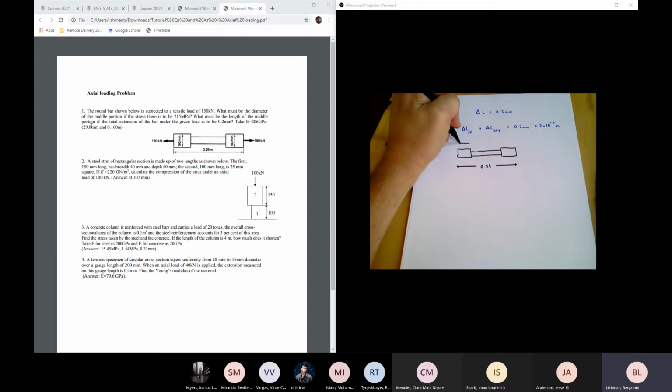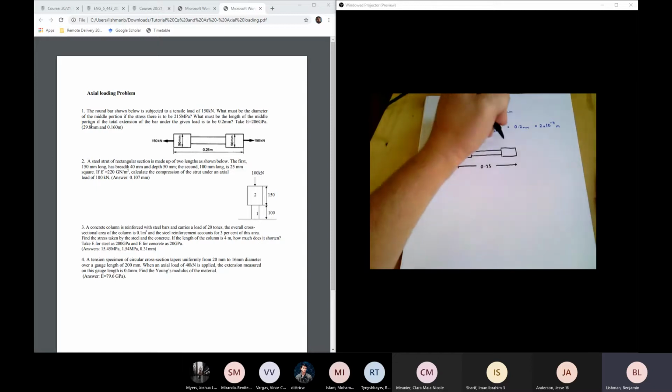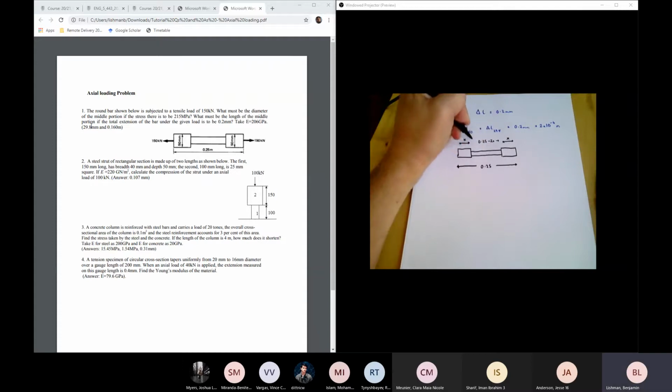This length here I'm going to call x. In a way, that's something that we don't know at the moment, which means that this length here is also x, and this length here must be 0.25 minus 2x, because these three lengths together have to add up to 0.25.